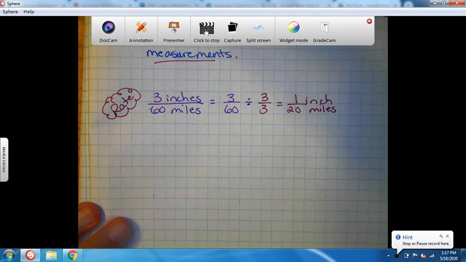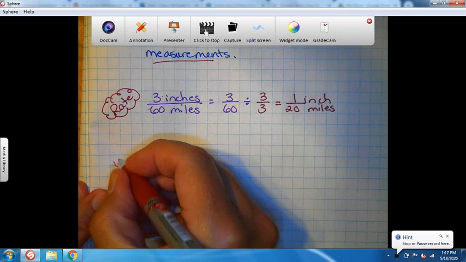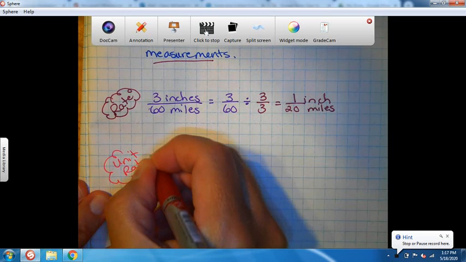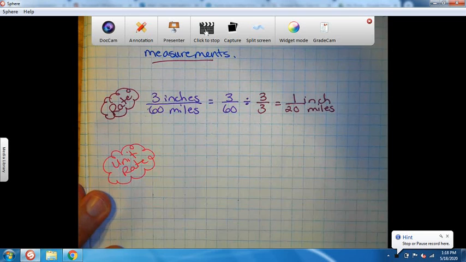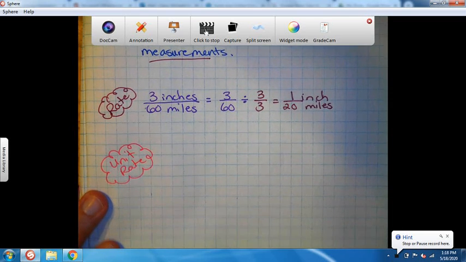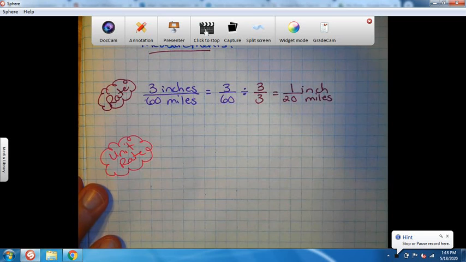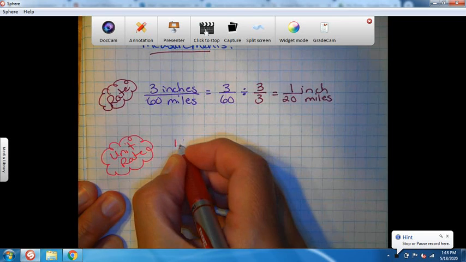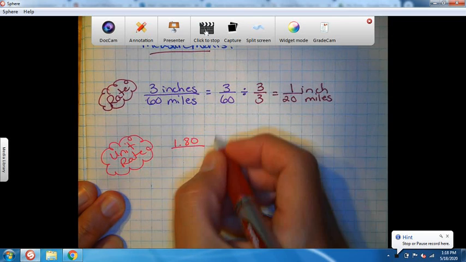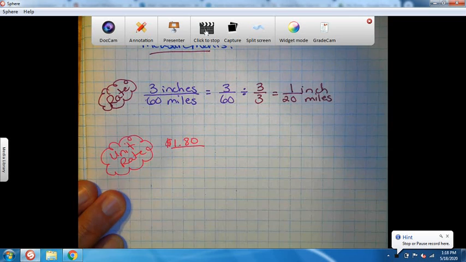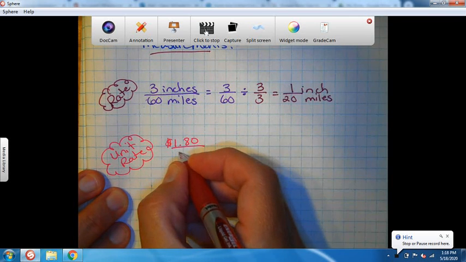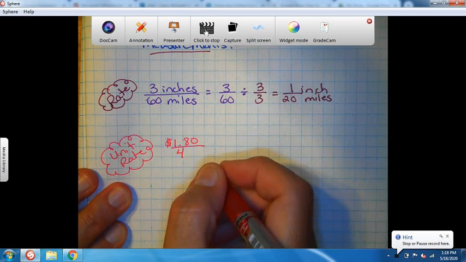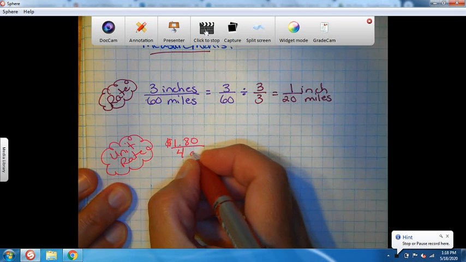Okay, so now we're going to talk about a unit rate. Unit rate. And the difference is the little number will be on the bottom. So for example, if something costs $1.80, and it's 4 ounces, we need to figure out how much 1 ounce is.